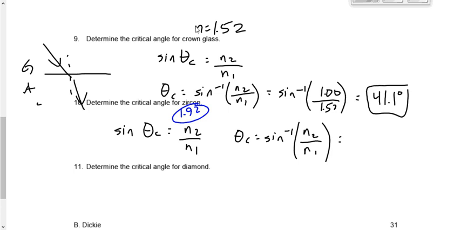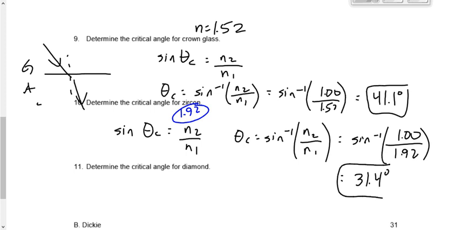Is n2 going to be 1.92 or is it going to be 1.00? We've got to be going from high to low index of refraction. So n2 is going to be the smaller value, which means it's going to be 1.00. The inverse sine of 1.00 over 1.92. When we do that one, we end up getting 31.4 degrees. So we get a smaller critical angle here.